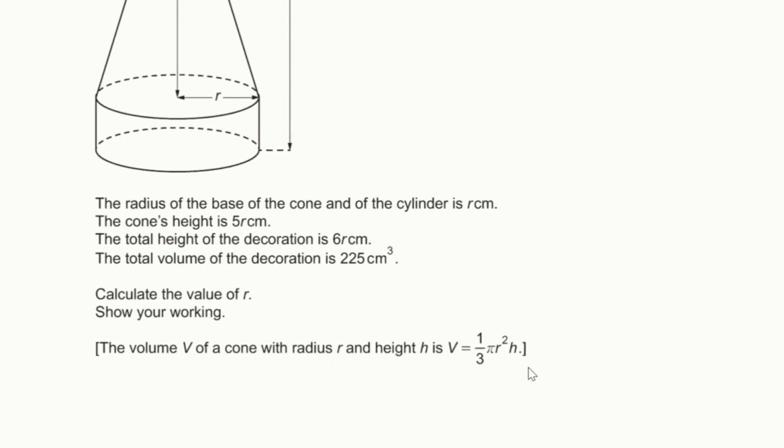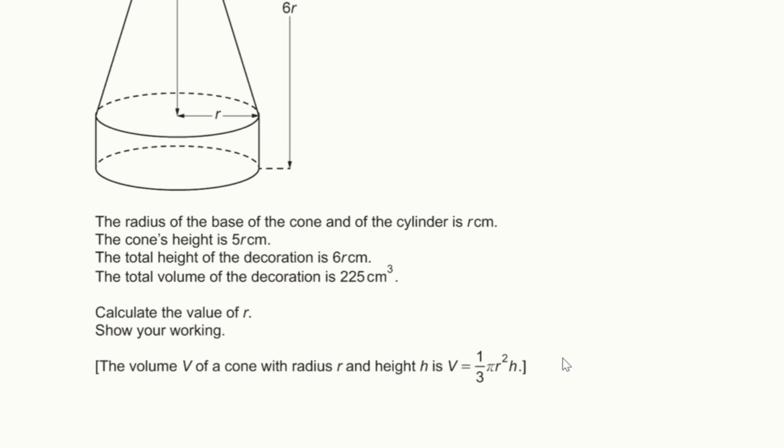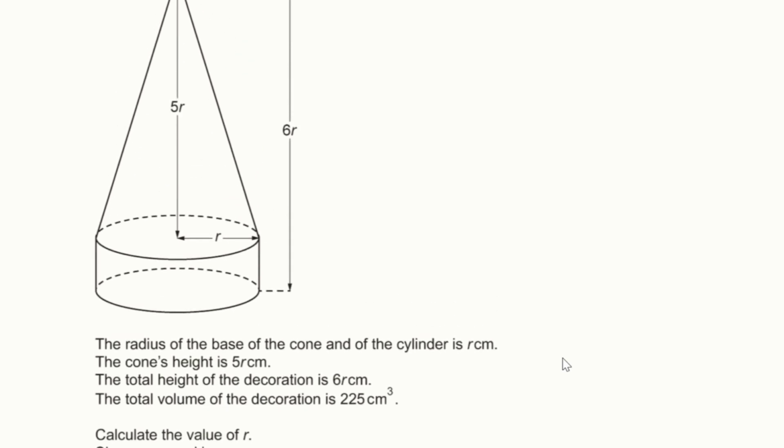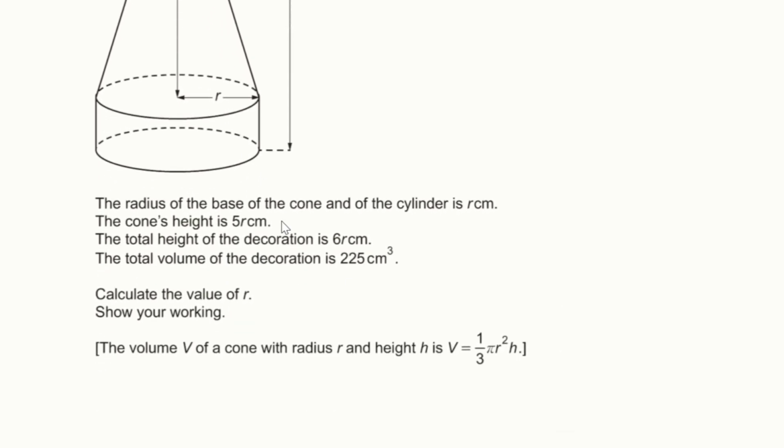We know the volume is equal to 1/3 pi r squared h. So, to find out the volume, we've got 1/3 times by pi times by radius squared times by 5r.